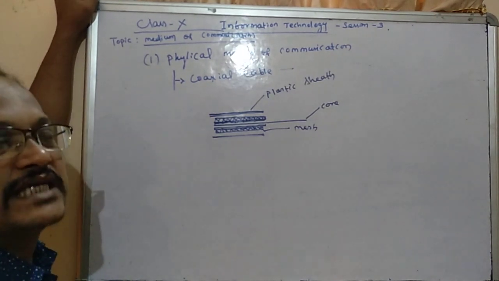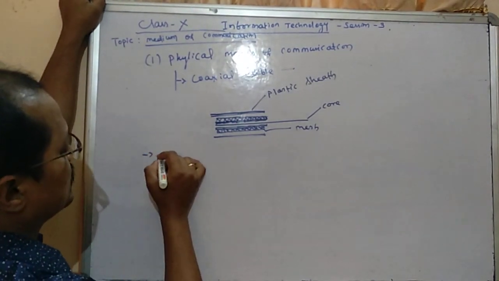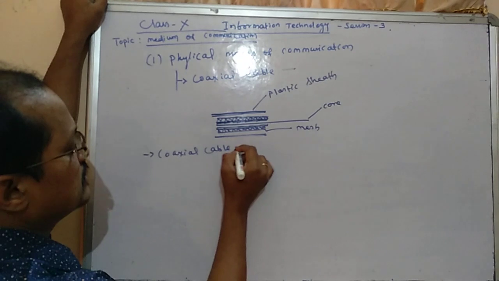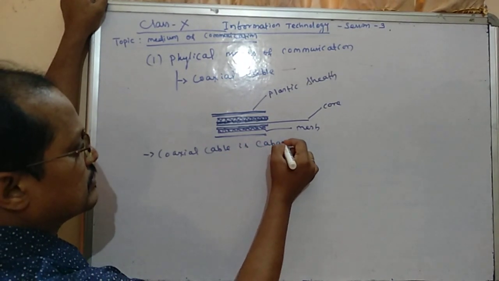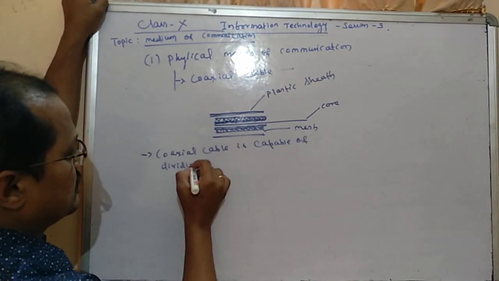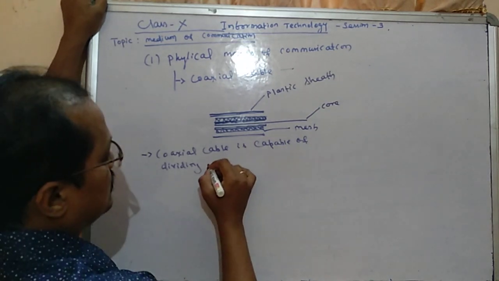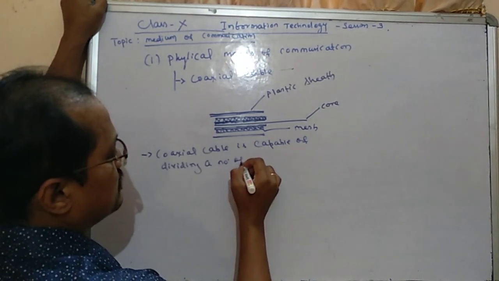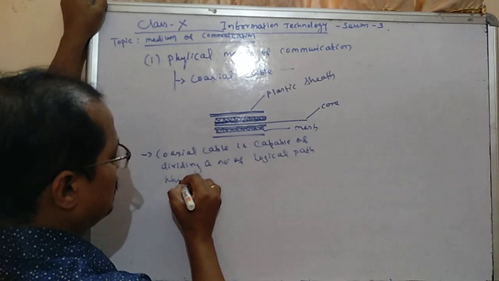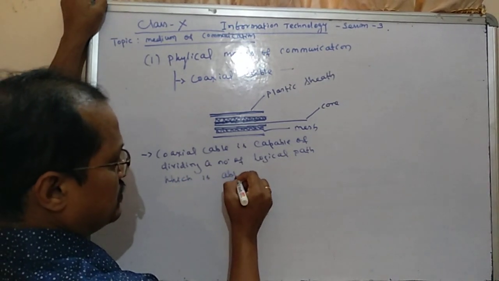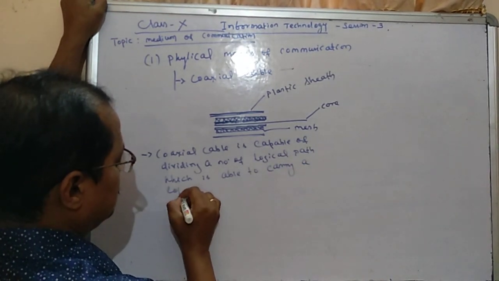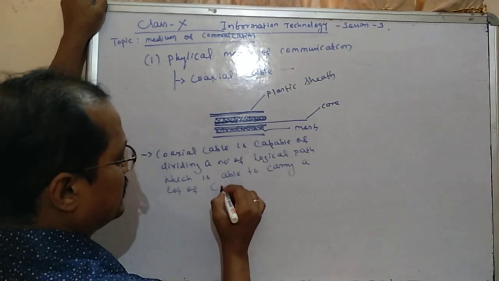Coaxial cable is capable of dividing into a number of logical paths, which are able to carry a lot of channels of communication.